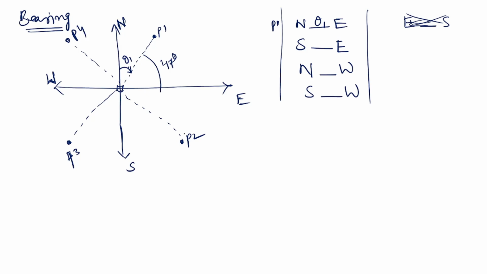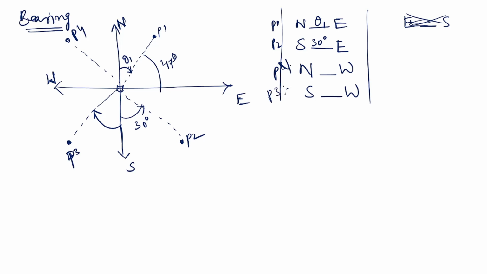Another is this point. You have to find the angle from south to here. Let us say it is 30 degrees. Then you can express point 2 as south 30 degrees east. And this is the only option for point 3. Sorry, it is point 4, this is point 3.